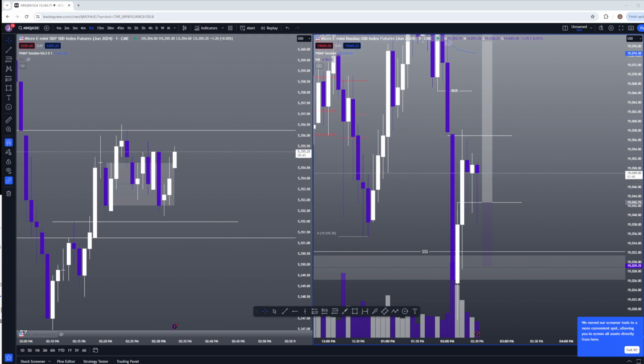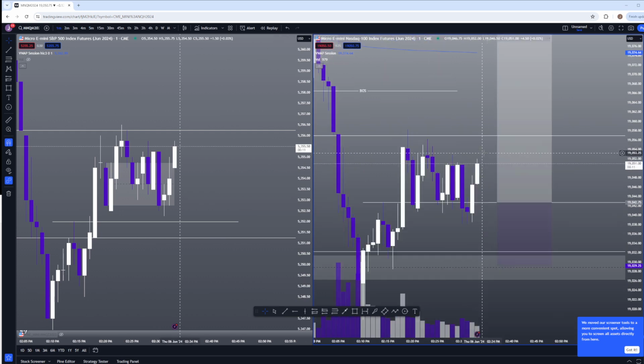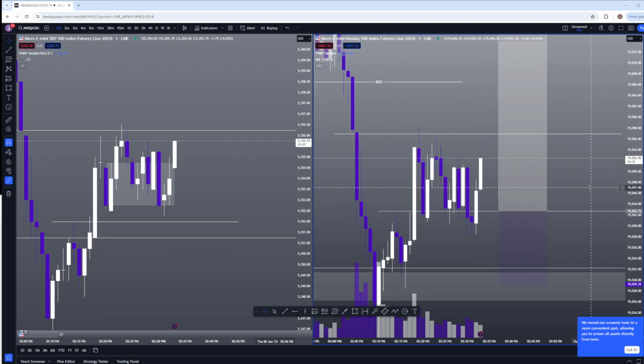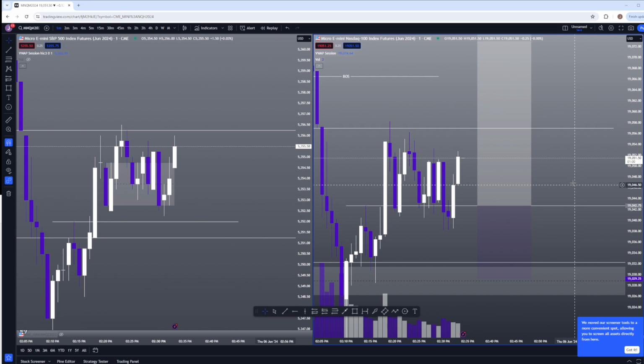Let's see what the specific dates are here. On the 5 minute, looks like we're trying to pump through right now. Okay, it looks like we're trying to pump through the highs now. Alright, so I'm still waiting for a fair value gap entry.